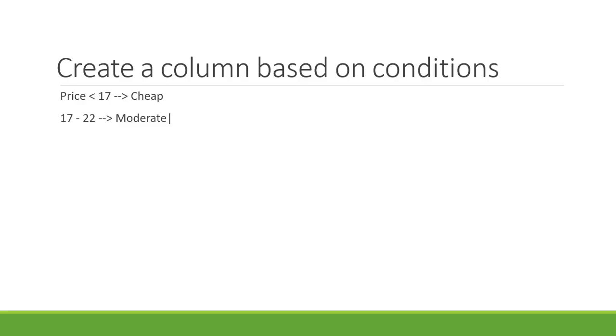Suppose if the car price is less than 17, that car will be a cheap type of car. If the car price is between 17 and 22, that will be a moderate type of car. And if the car price is greater than 22, that car will be an expensive type of car.